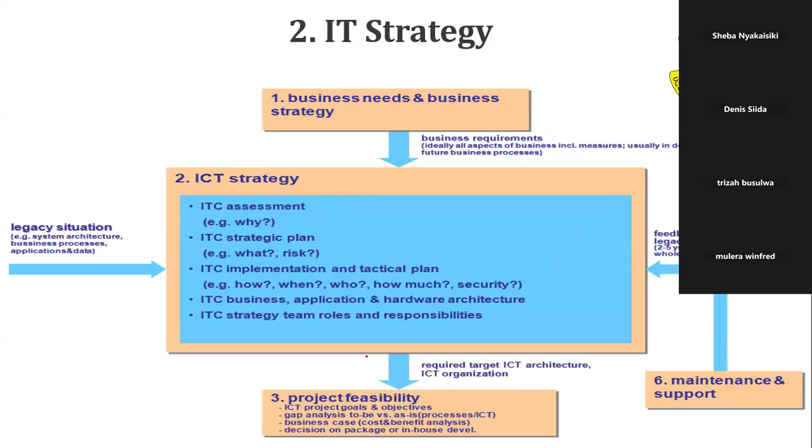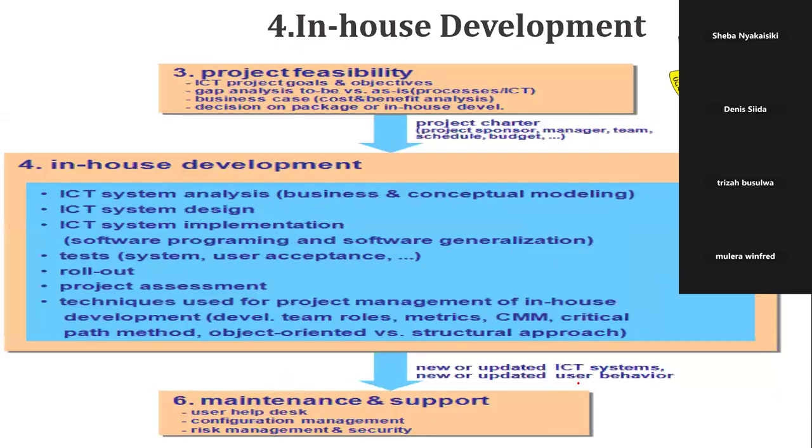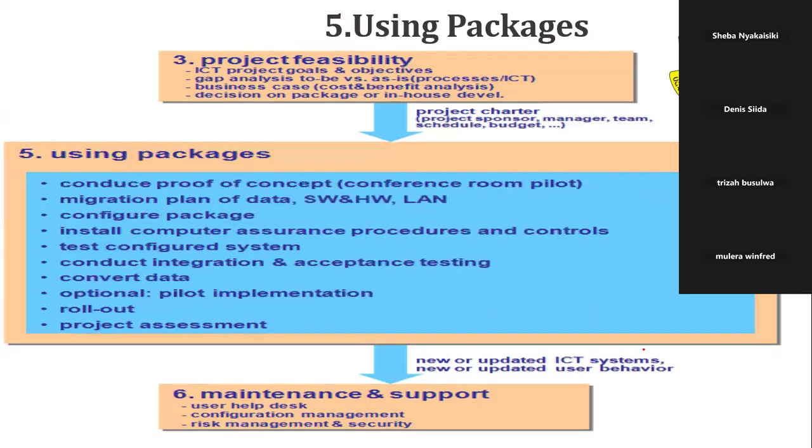The ICT strategy then leads to the actualization of a project, and this project gives us two options: are we going to purchase or build something in-house? Once that is implemented, we come to maintenance and support. So now you see where the ICT design, selection and implementation part comes in. I think it gives you guidance, especially in the context of strategy.